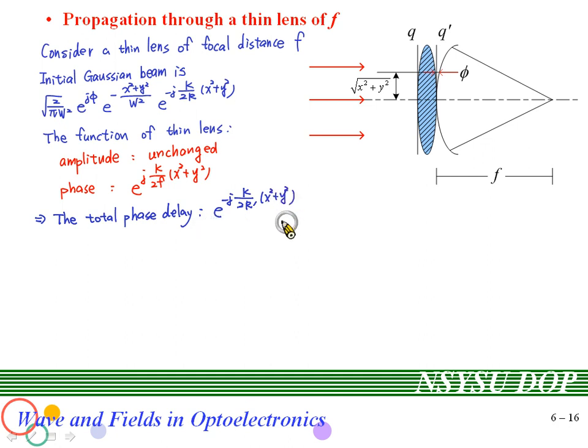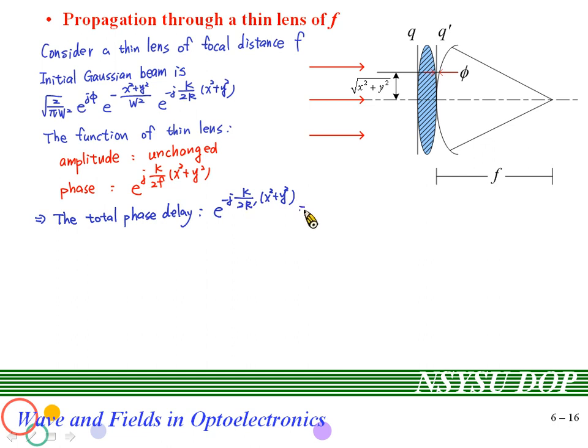Comparing this term and this term, you see that after passing through the lens, the Gaussian beam will have a new R prime here, okay? That is, it will have a new radius of the phase front, which is represented by R prime.